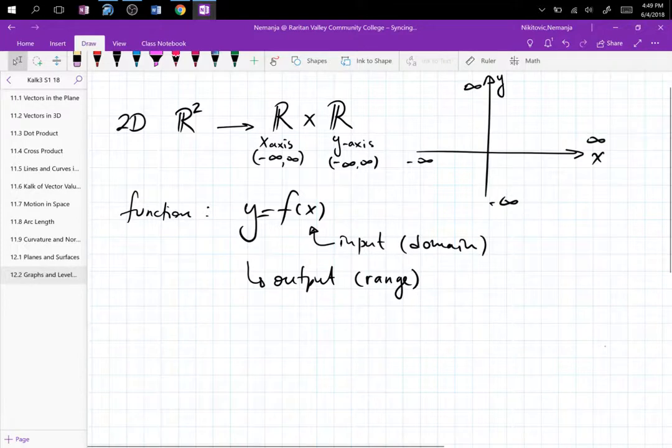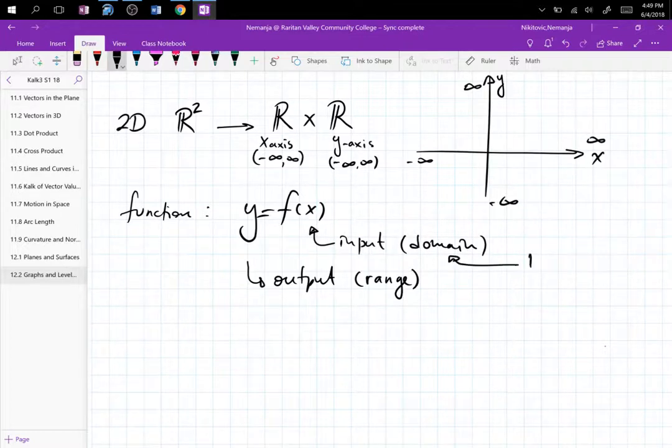What we are going to do now is we are going to upgrade this. And I just wanted to make sure that you see that the domain is 1D, right? So domain is one-dimensional, and it can be from negative infinity to positive infinity or less. So now we're going to jump into 3D, which is R cubed.